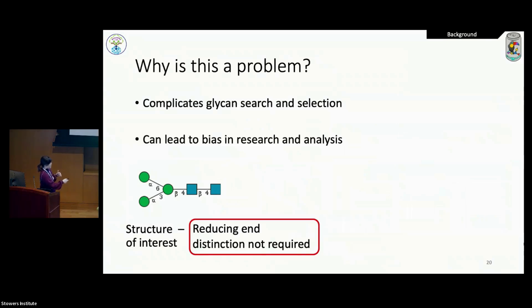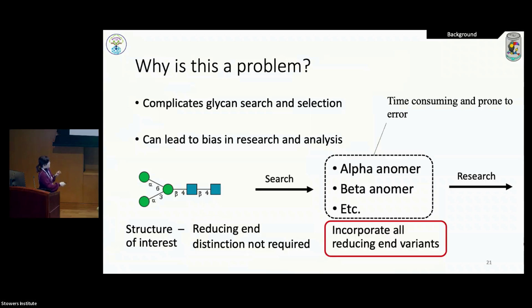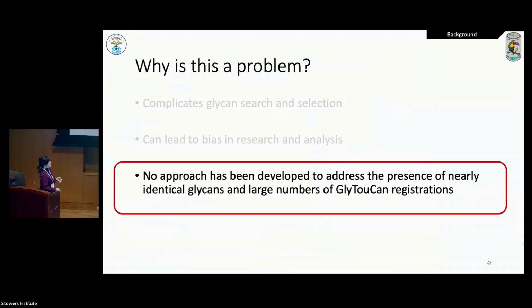In biological terms, we're most interested in just getting this, but we don't really care about the reducing end. But in the end, we'd have to search for all the different structures that have this structure, incorporate them all, and then decide which one we want to use. It also hampers data integration. Which of these structure IDs do we use to represent this structure?